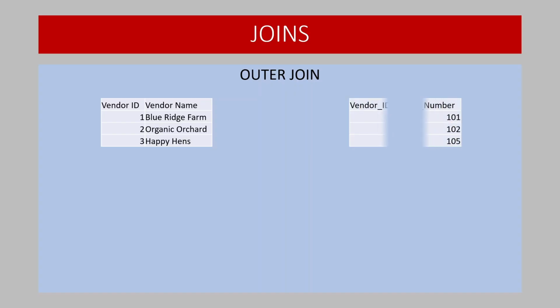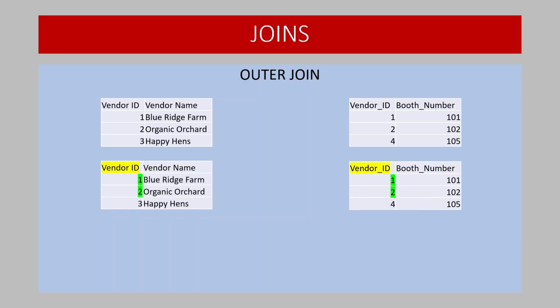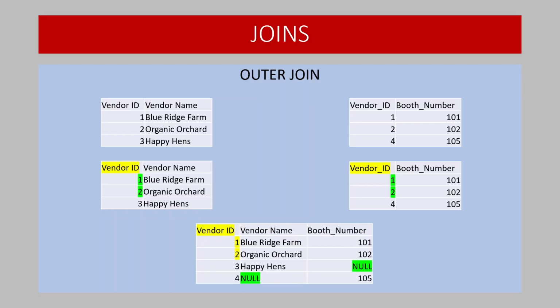For now, outer join, the same two tables, table 1 and table 2. Common IDs are vendor ID 1 and 2. When you use outer join, you get both the common rows as well as the non-matching rows with null values. For the vendor ID which is common in both, you get the booth number along with the vendor name and vendor ID.